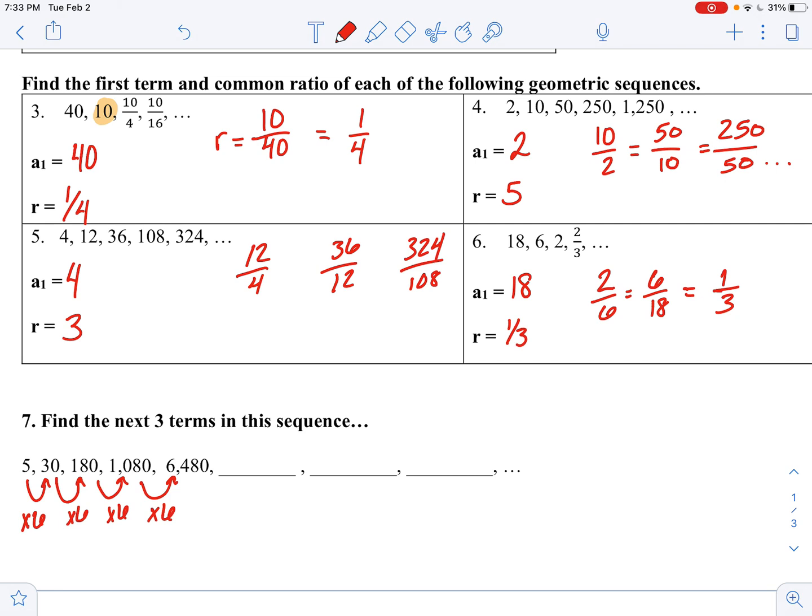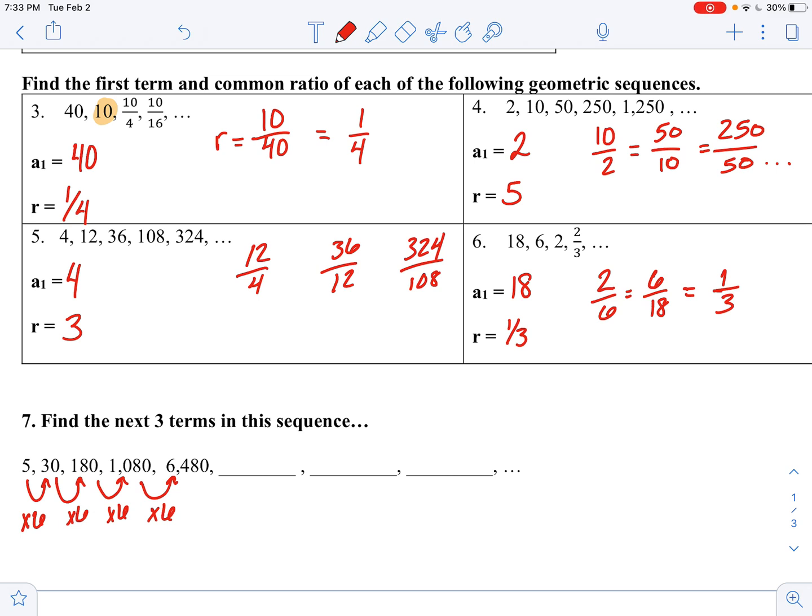Now to find the next 3 terms in a sequence, all I would have to do is find my common ratio. Once I find that, 30 divided by 5 is 6. Once I have my common ratio, I can just multiply each term times my common ratio to get my next term.